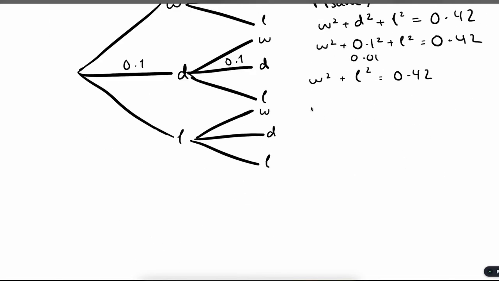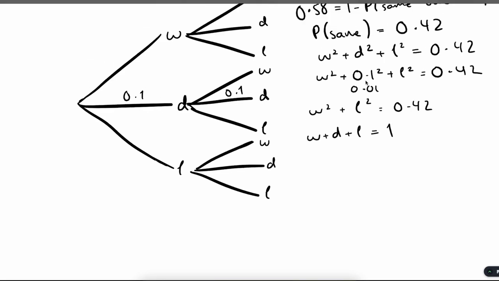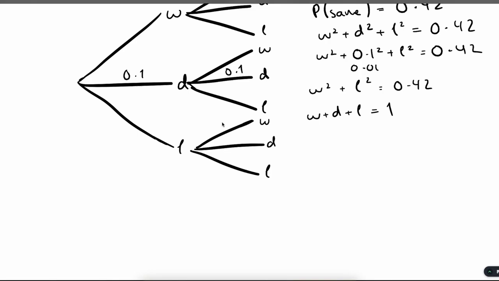Now we also know that wins plus draws plus losses equals 1, because the branches of each of these must equal 1. And we know that draws is 0.1, so wins plus losses equals 0.9.